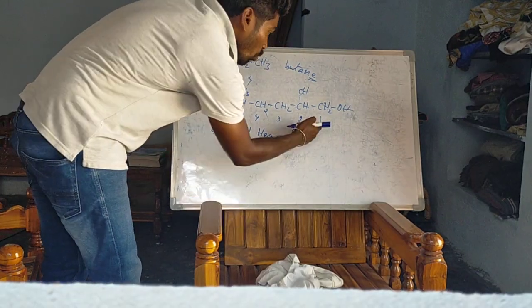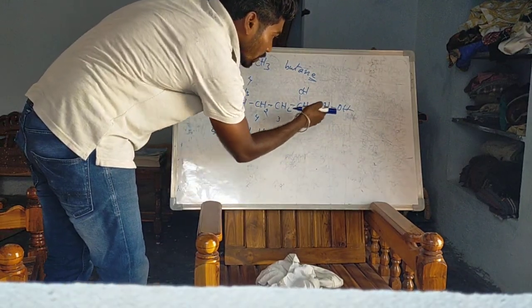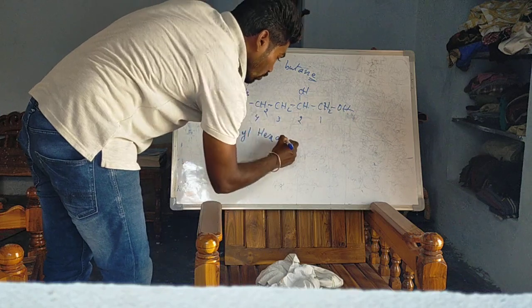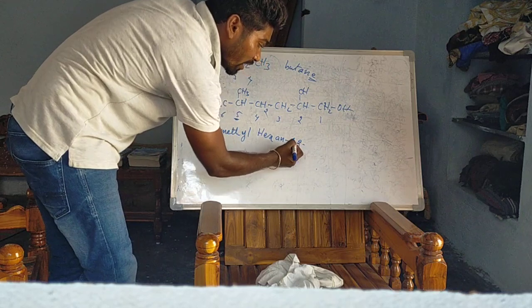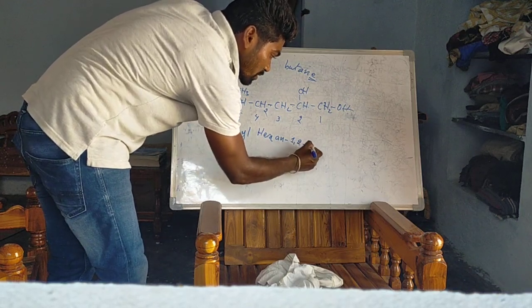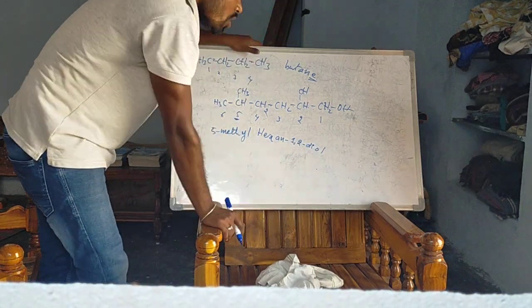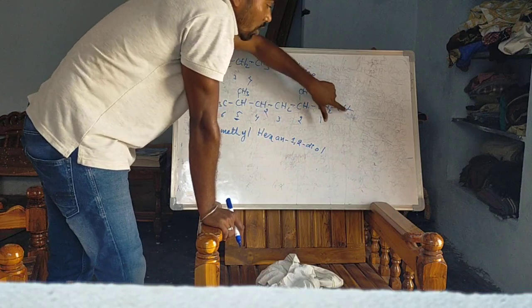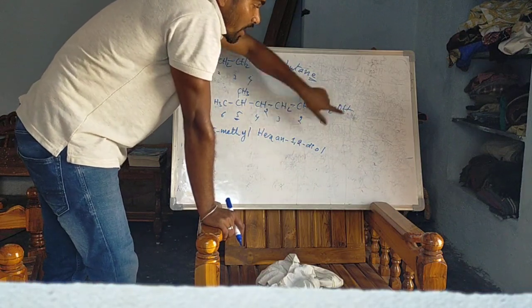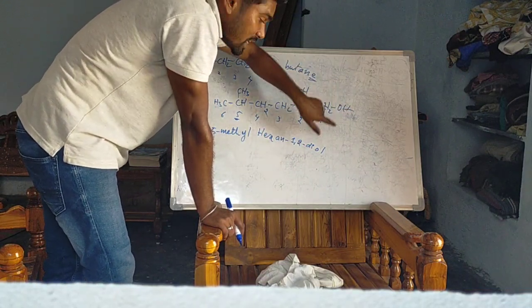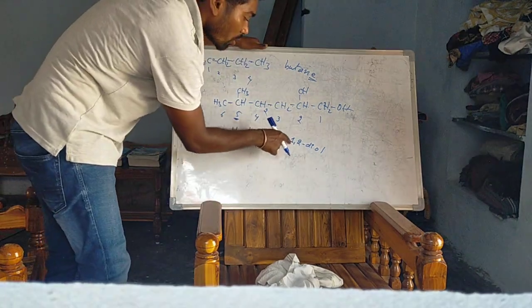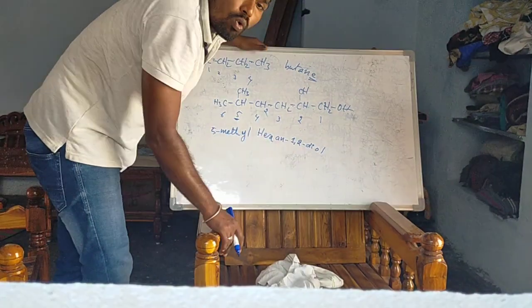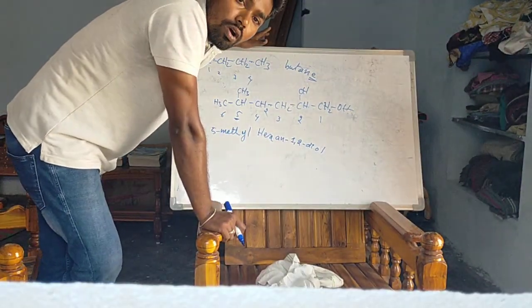On the first and second carbon an alcohol group is there, so 1,2, because numbers should be separated with commas, and numbers and words should be separated with hyphens. How many alcohol groups are there? 2, and 2 means di, and the suffix for the alcohol group is ol. So 5-methylhexane-1,2-diol.